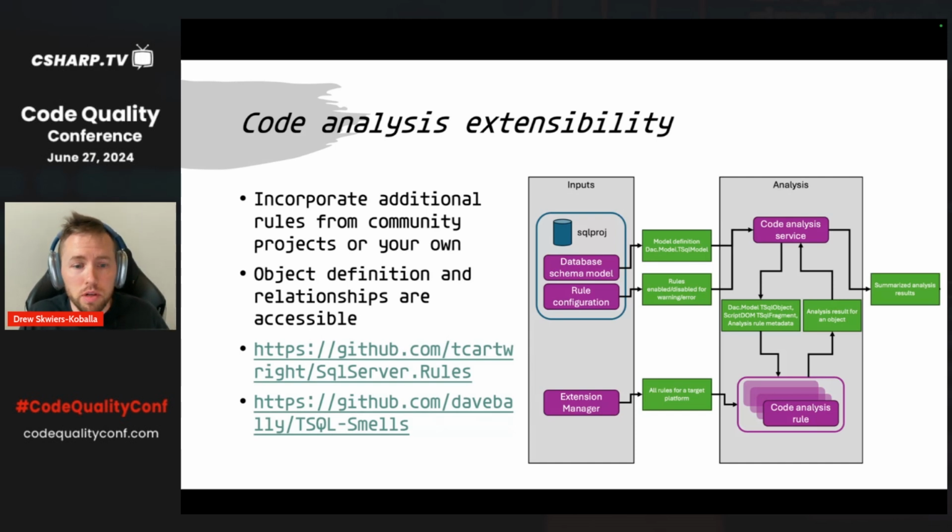What's important to understand about writing code analysis rules is that the object definitions and the relationships are accessible while you write them. So keeping on theme with today, it's not just about parsing the strings, but you can go to the level of looking at every table and throwing a warning if a table has no foreign keys.